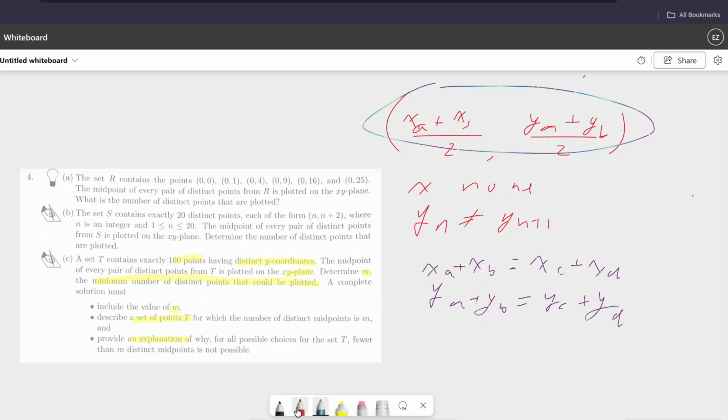This means we need to manipulate both x and y at the same time, which is hard for us at the beginning to see a pattern.